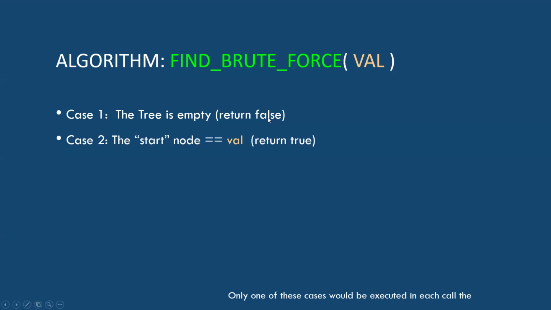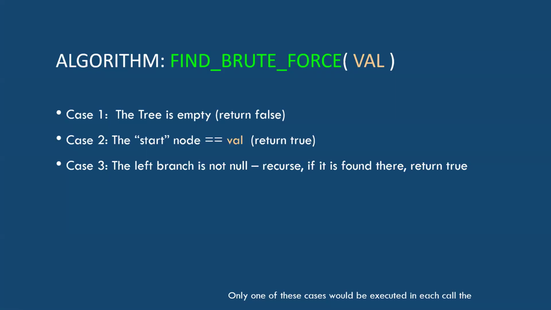If the tree is empty, we know there's nothing, so false, I didn't find it. If the start node is what we're looking for, that's pretty easy, return true, we found it. Otherwise, if the left branch is not null, we explore the left branch, purely because it's not null, so we go left first.